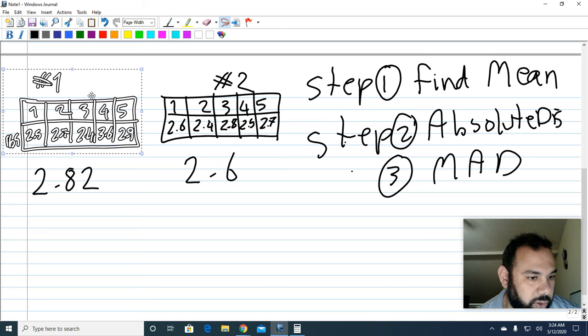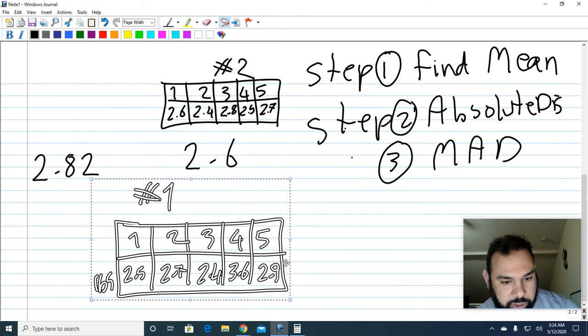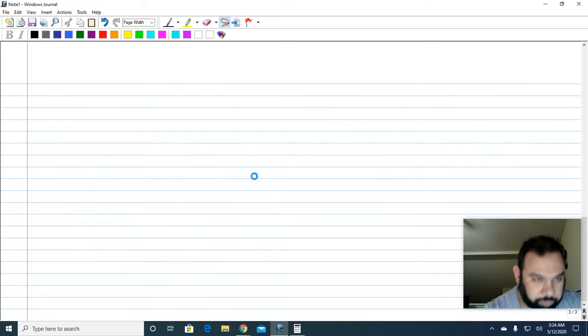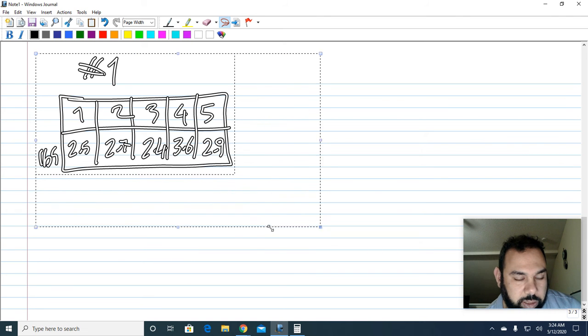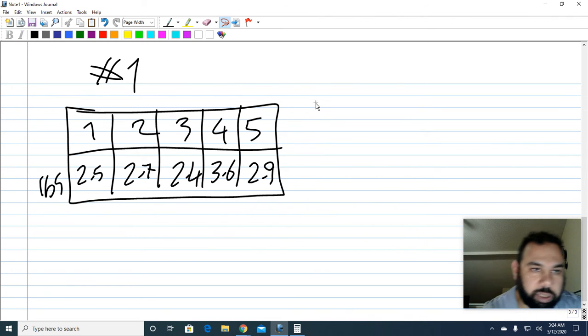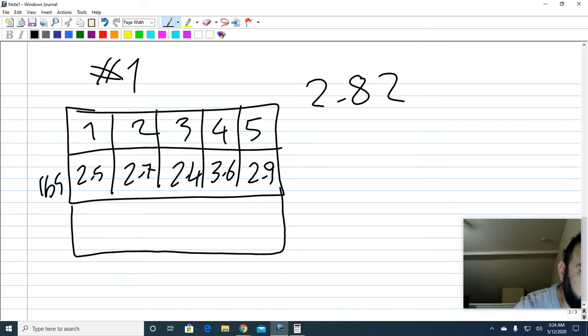So I will work on this one first. Let's take it in a new page, better. We said that the average here was 2.82. I will make another row in the table, and we are going to have the absolute difference.